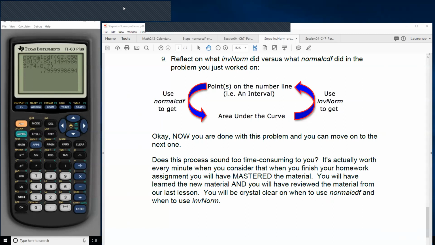Now, it'll take you even longer if you don't do those steps. And then next week is more challenging material too. But once you master that, you'll be set for the second half of the term because you'll have the whole foundation, and then everything will make sense after you master the material for next week. And before you can master material next week, you got to master this week's material.